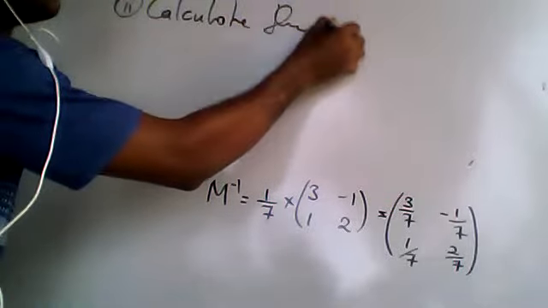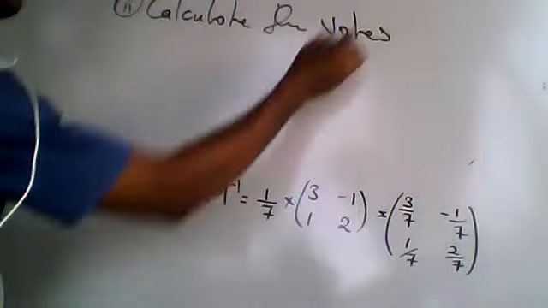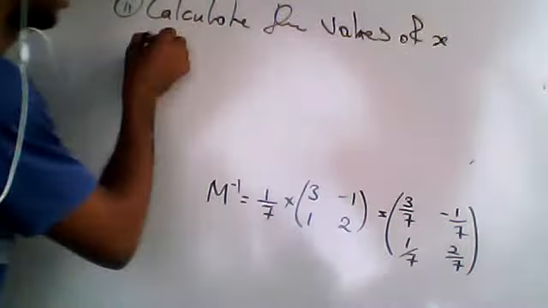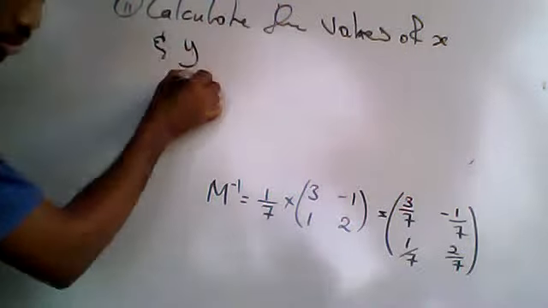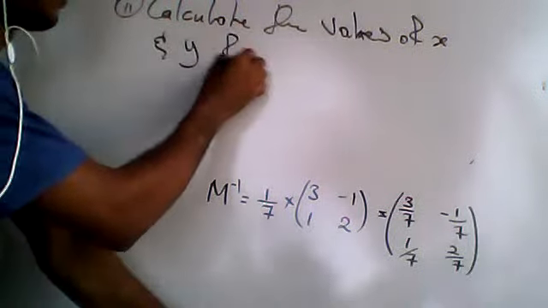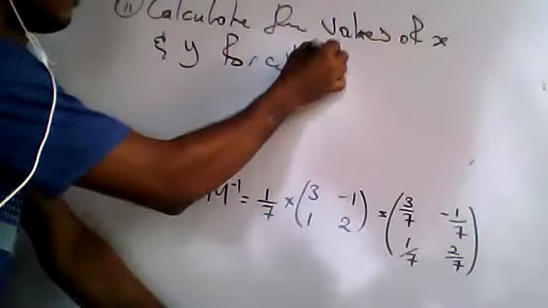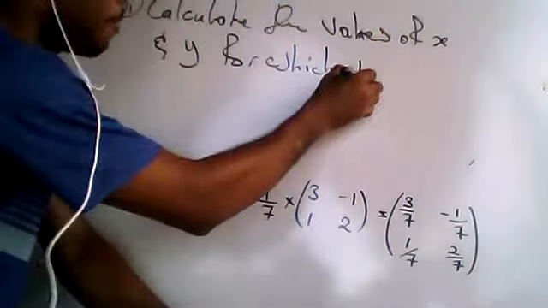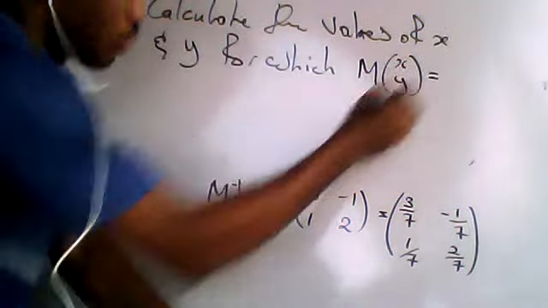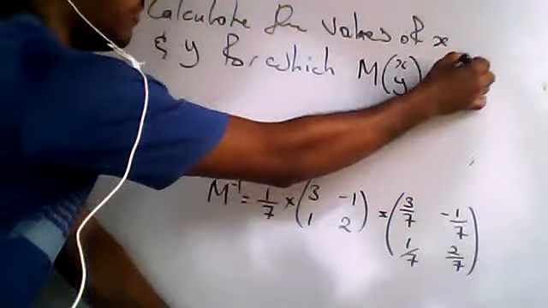Calculate the values of x and y. Where's the question? For which M(x, y) is equal to (12, 1).